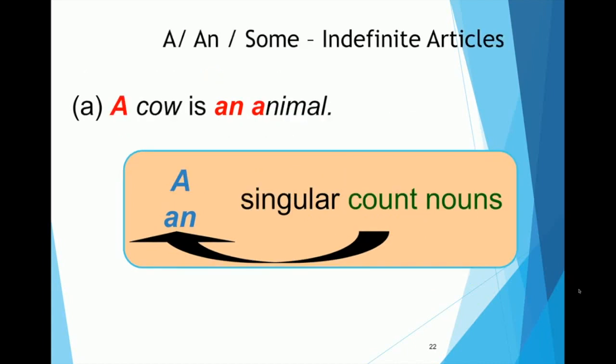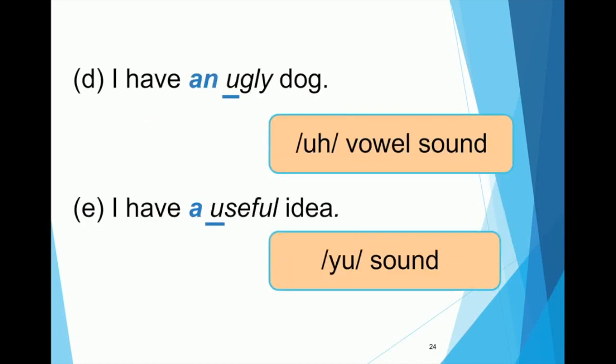Now, let's go back to the previous example. And here you have an because my noun begins with a vowel. This is the general rule. We use a before a consonant and an before a vowel. But let's analyze this rule. I have an ugly dog. We have a vowel and you use an.